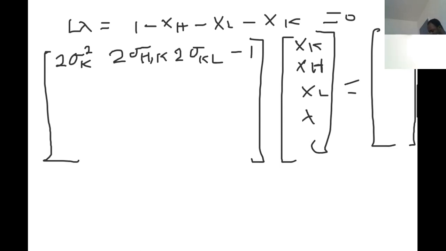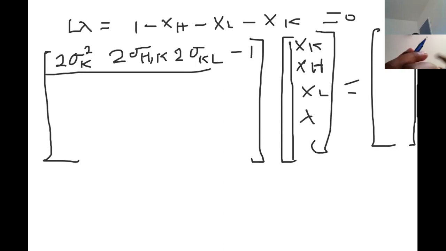So look at something. What I've done is that I'm just trying to write a matrix form of this equation. So when you have matrix, you multiply your rows, which is this one, by your columns, which is this one. So in that equation that we had, even if I multiply this by this, that should give me the equation back again. So I'm going to have 2 variance of K times SK will give me 2 SK variance of K. Is it okay?